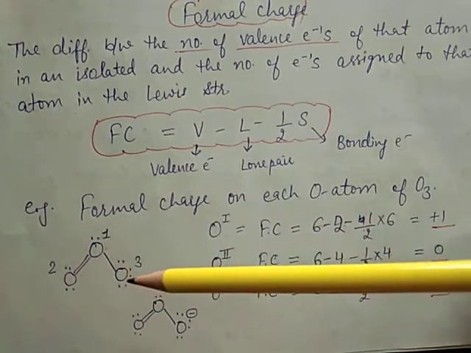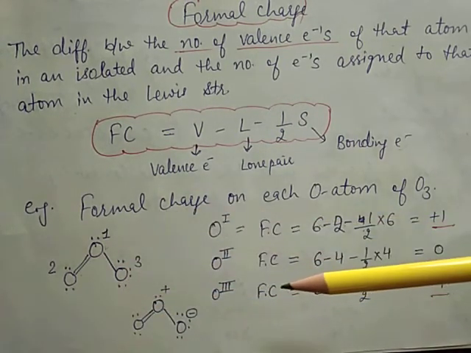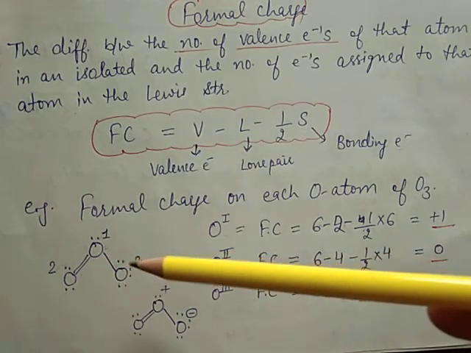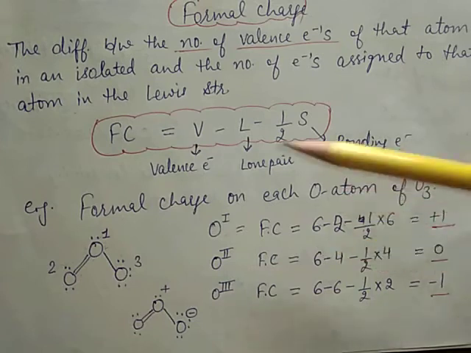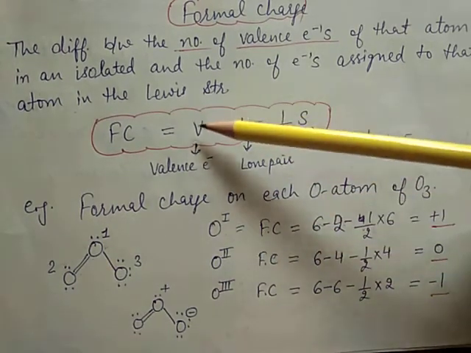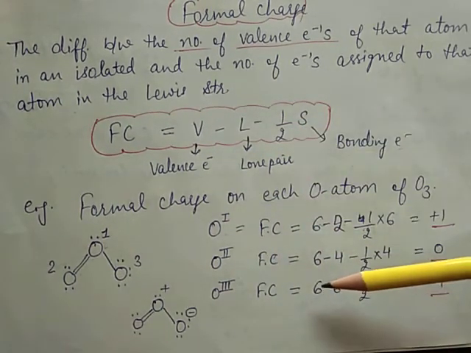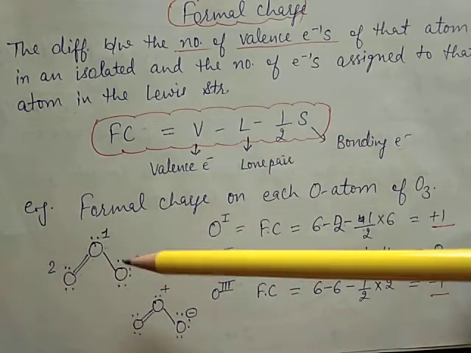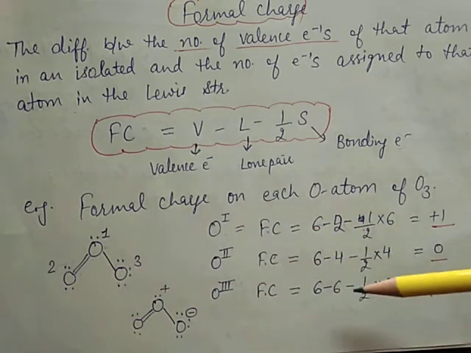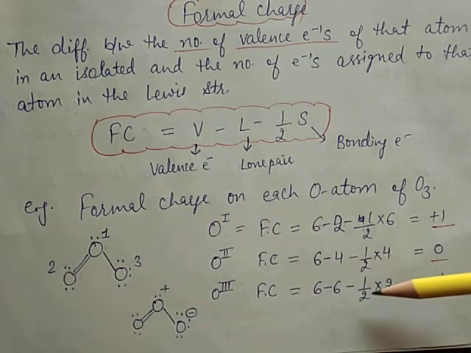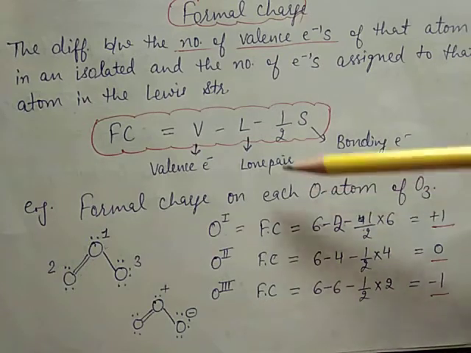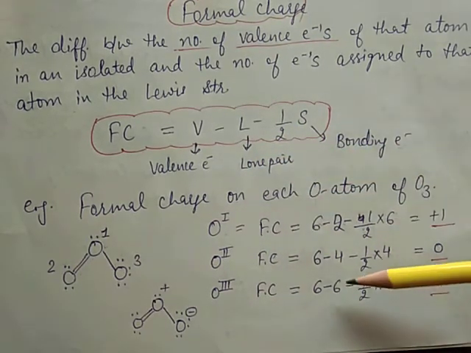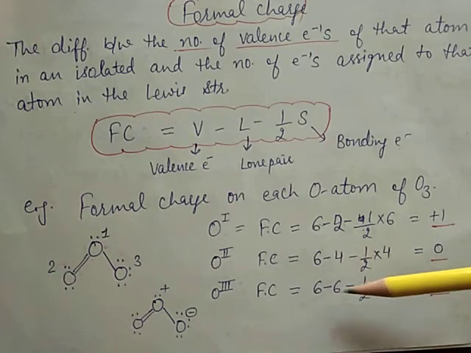Now next is oxygen 3. The formal charge on this oxygen atom is equal to, first of all, we write the valence electrons, that is 6, minus how many lone pair electrons? 1, 2, 3, 4, 5, 6. 6 lone pair electrons are present here.